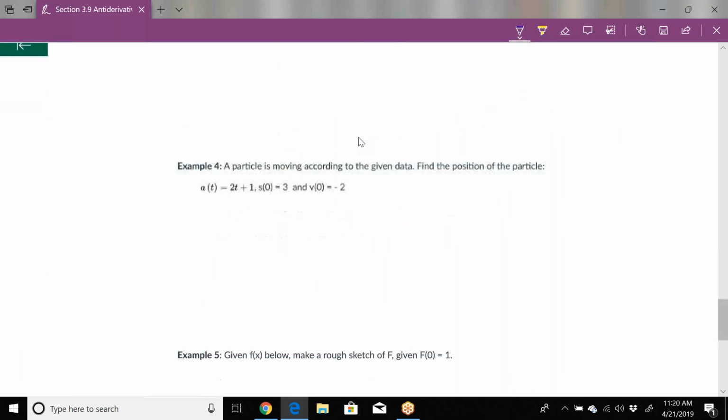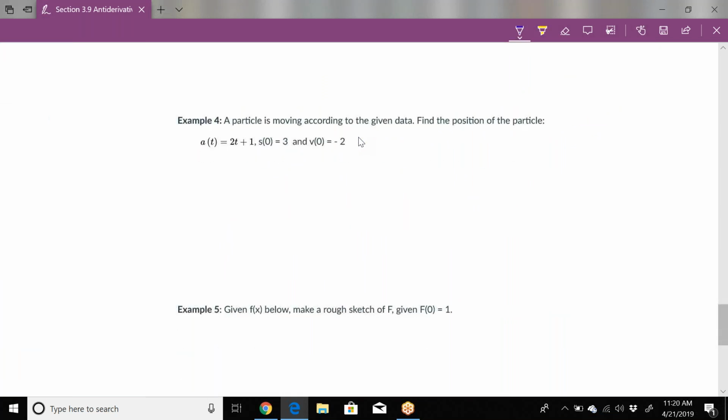Something similar for example 4, we skipped over this one because it was a similar situation. The particle is moving according to given data, and we need to find the position of the particle. Remember, position function is s of t. So this is starting us with acceleration, so we need to move all the way back to velocity, and then we need to move to the position function.